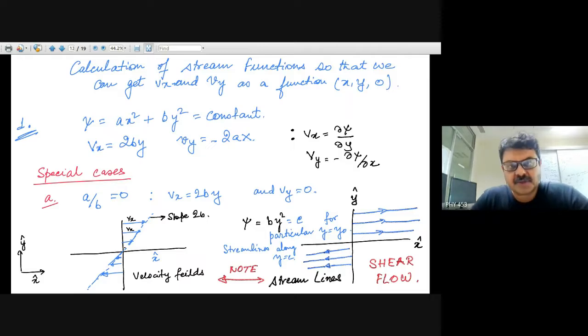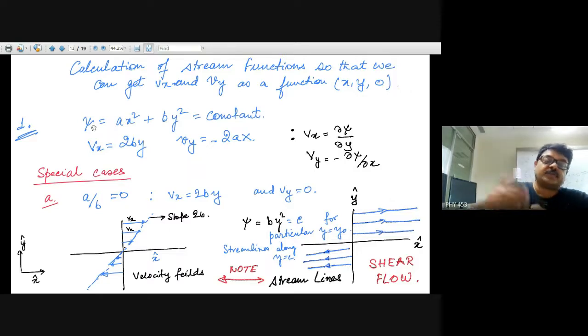Now, what we'll do is see, if we have different kinds of stream functions, what kind of velocity field does each correspond to. So we'll just take a general form. Of course, you have to solve with different boundary conditions to get your stream function.